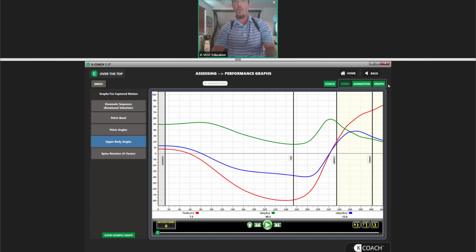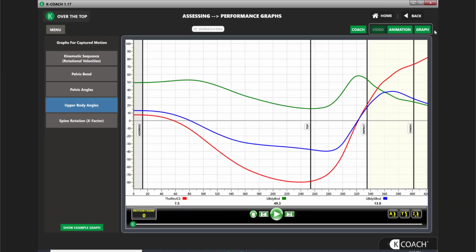So what we're going to pay attention to is right here at the top, when we see the change in direction, we're going to notice two things. We're going to notice the side bend continues to increase slightly, and the rotation from its max to the same point in the swing has changed by, let's call it 10 to 12 degrees.